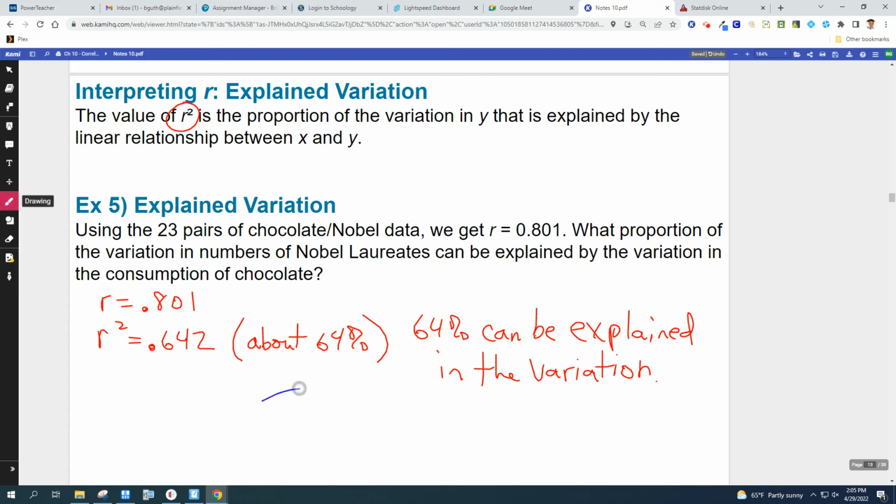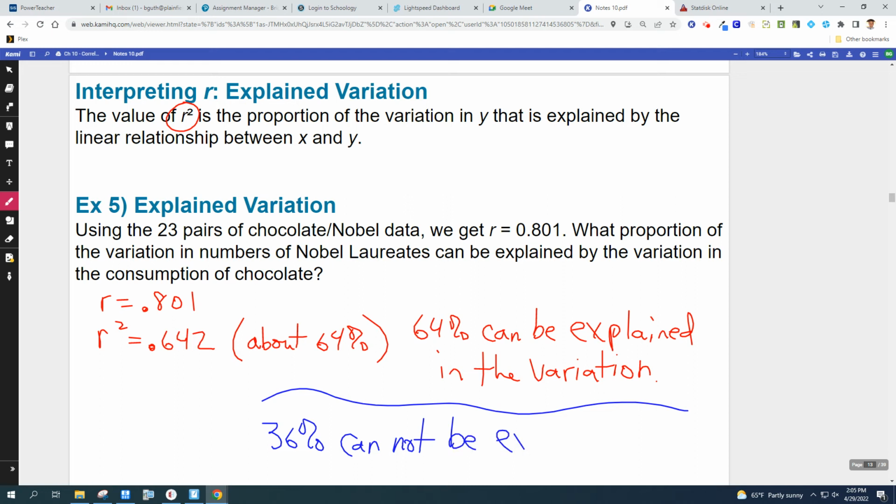Or, in other words, 36% cannot be explained by the variation.